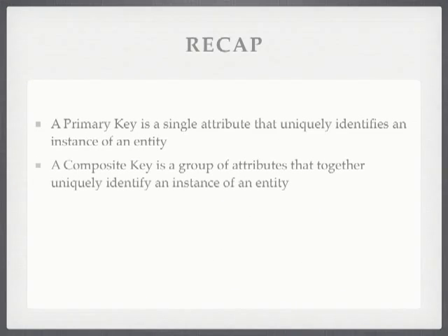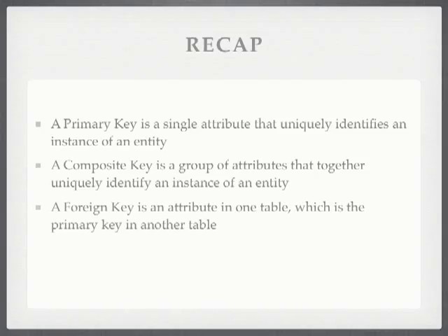Okay, so let's just quickly recap. Primary key, single attribute that uniquely identifies an instance of an entity. For instance, a membership number at a gym. A composite key is a group of attributes that together uniquely identify an instance of an entity. Again, for an example, if we've got a table of names, it'd be a first name and a surname together that uniquely identifies a particular person, assuming they don't have middle names, of course. A foreign key is an attribute in one table which is the primary key of another.